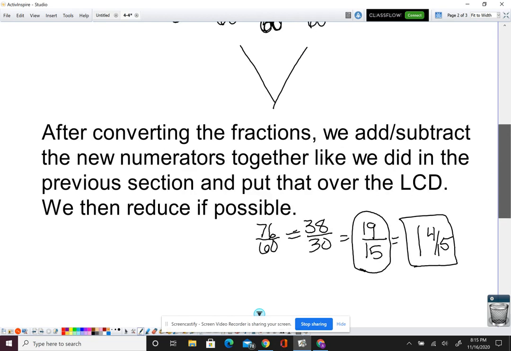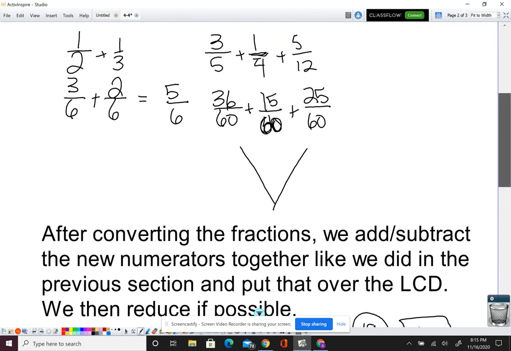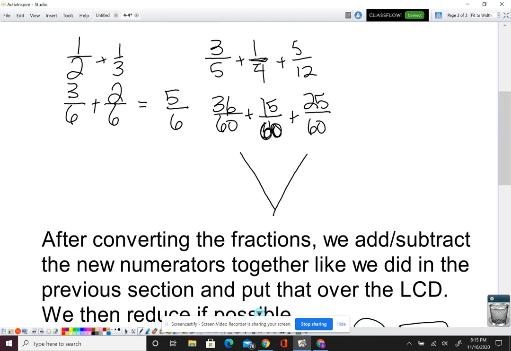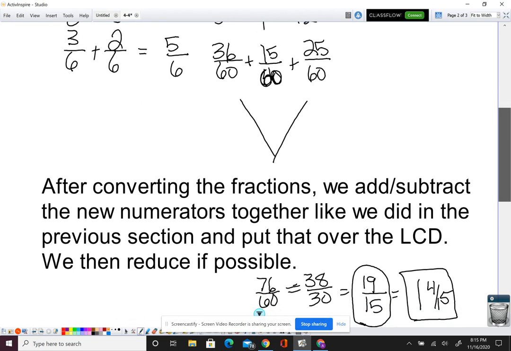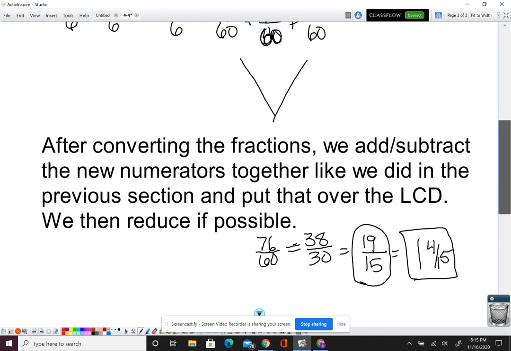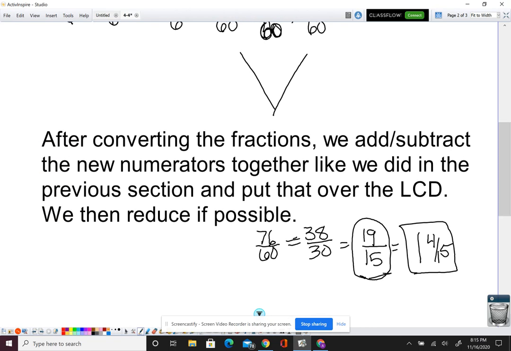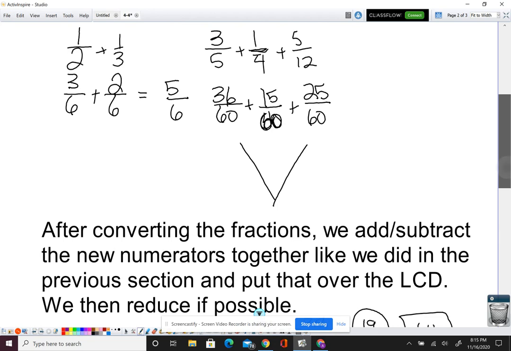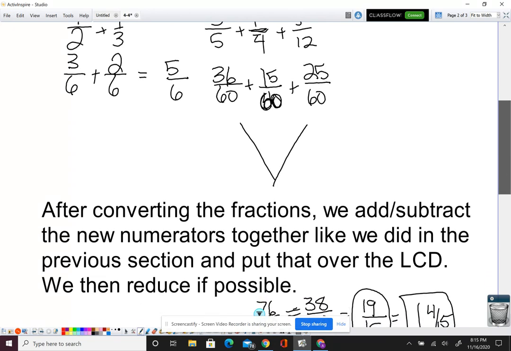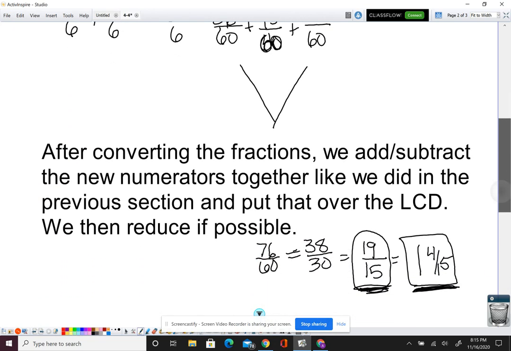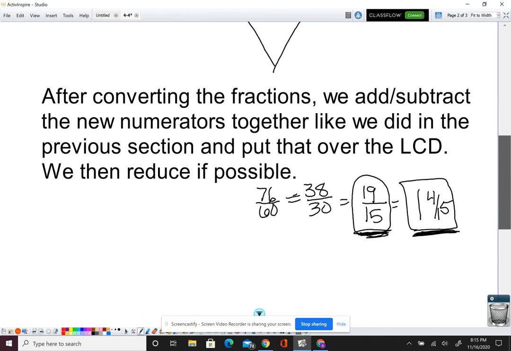Now, when you look at these original numbers, 3/5, 1/4, 5/12, how does your calculator come up with 19/15? Well, it's going to automatically do that, or it's going to come up with this 1 4/15. But you need to know how to go through the process, so that you can tell whether or not your answer makes sense.